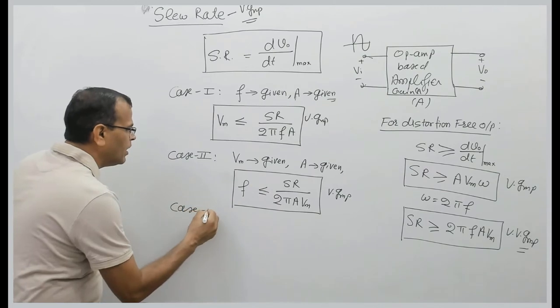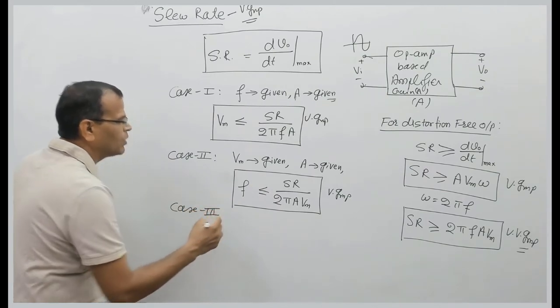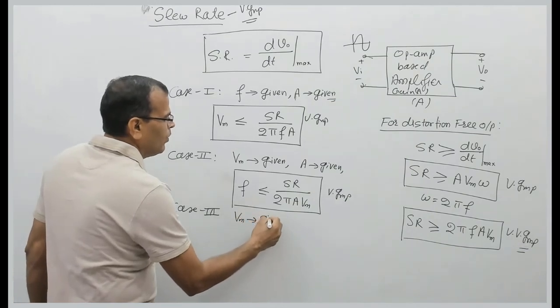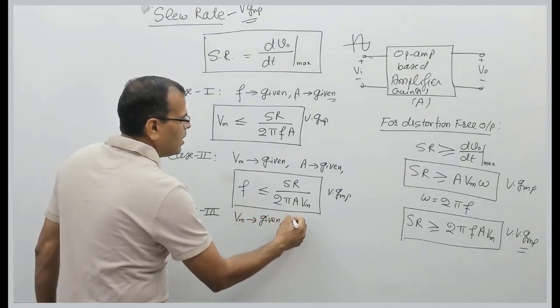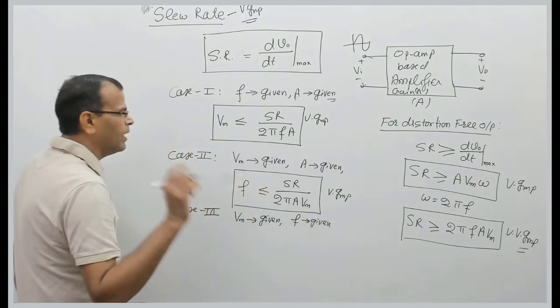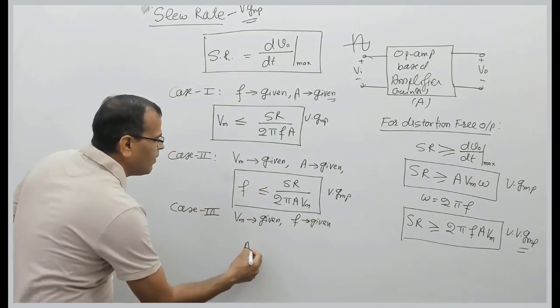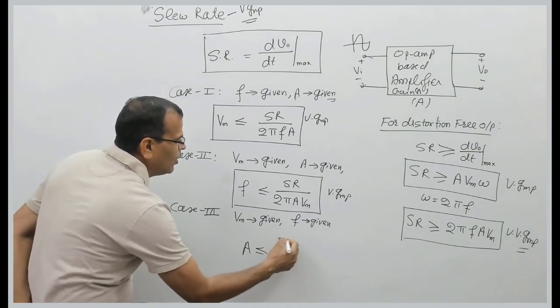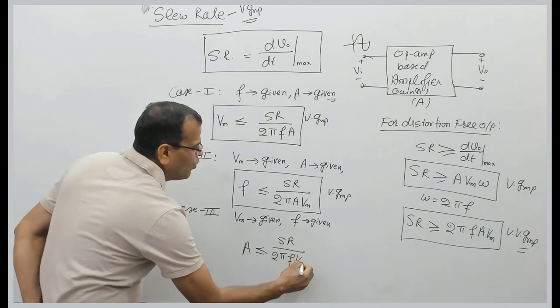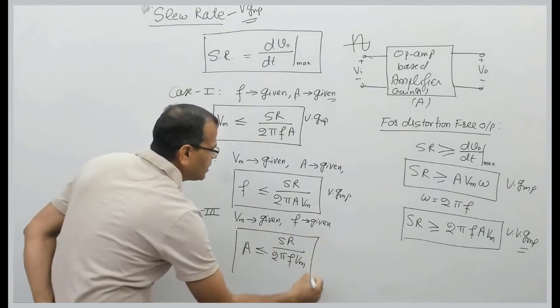There can be a third case as well, although there is little possibility of this. What is given? Vm is given to you, and frequency is also given to you, and you want to find the maximum gain. So gain of the amplifier should be less than or equal to slew rate divided by 2 pi f into Vm. These are 3 expressions.